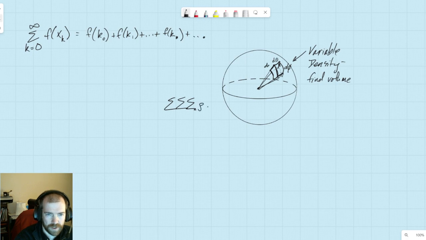So here this would be a density function, and your I, your J, and your K will be going from either 0 or 1, it doesn't really matter, to infinity, or rather to n, as our limit is saying n is going to infinity.